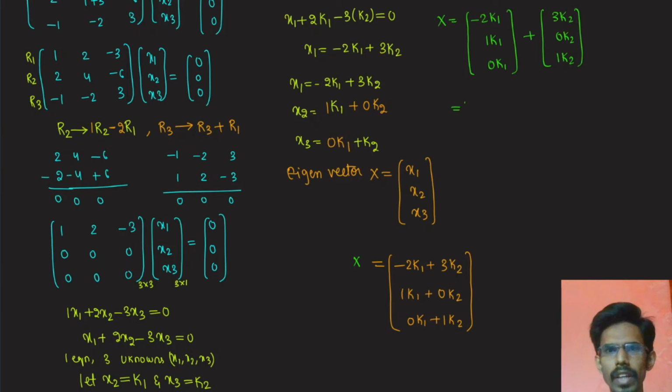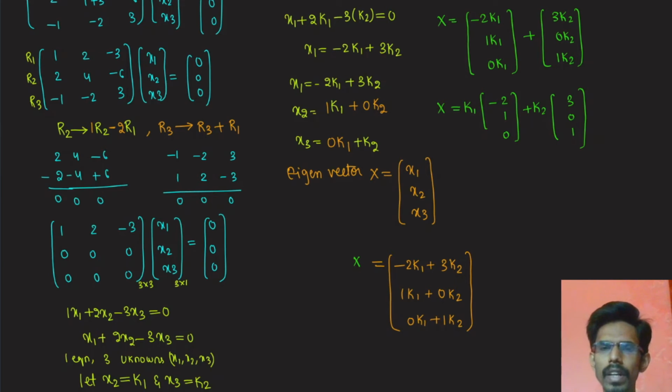Now if I take k1 common, then we have -2, 1, 0. Take k2 common, we have 3, 0, 1. So we got the linear combination of two vectors.